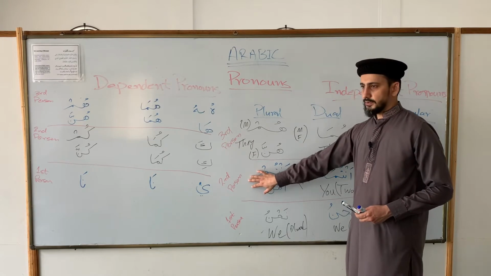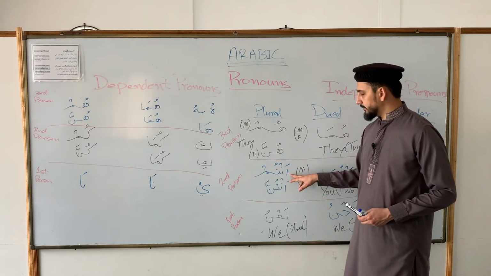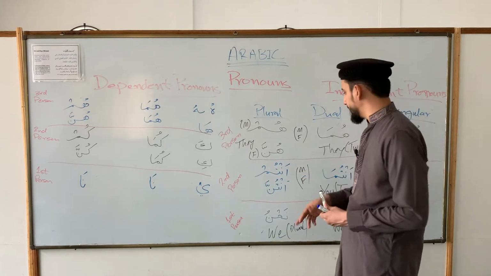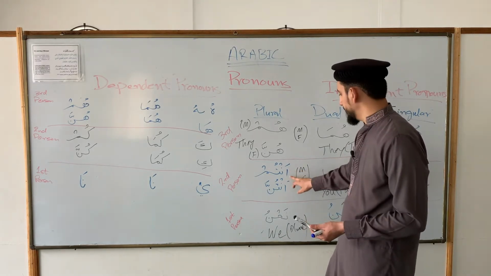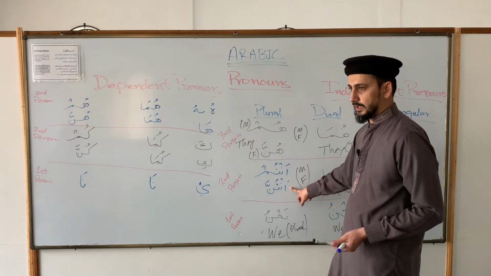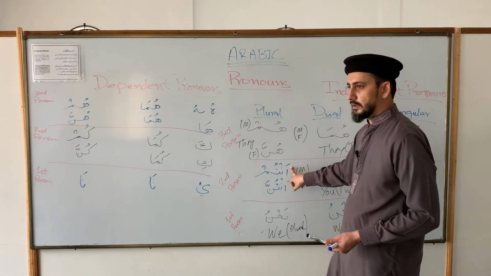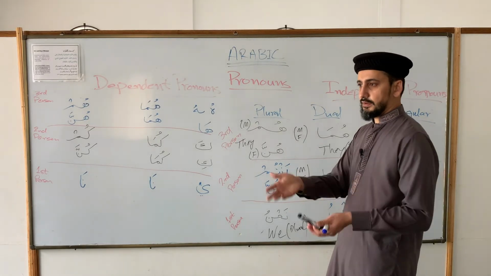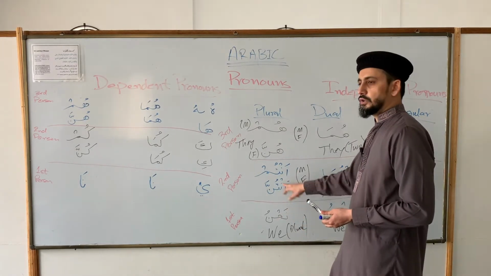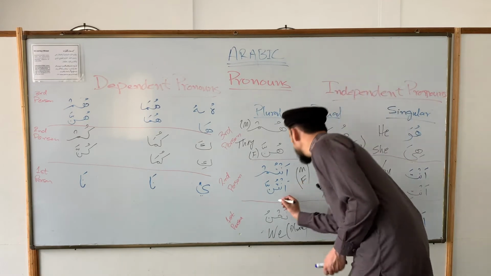In the second person, those people who are being addressed, antum is for the male, antunna is for the female. You are, but antum, you are, is for the male. Antunna, you are, is for the female.